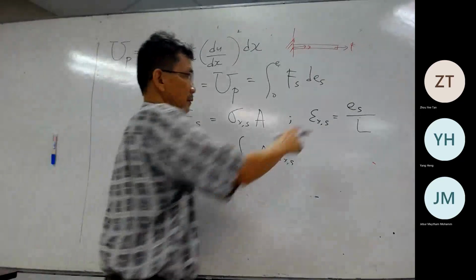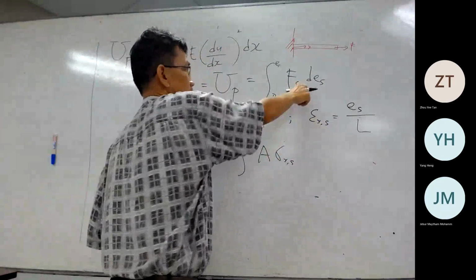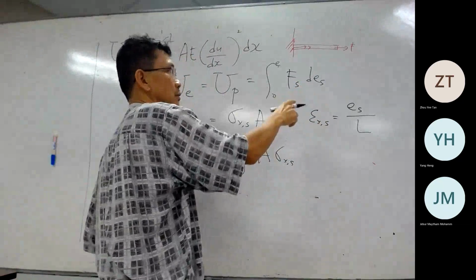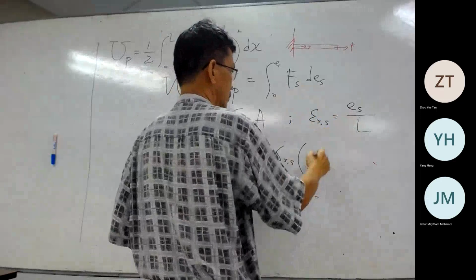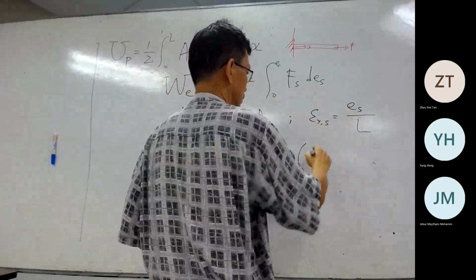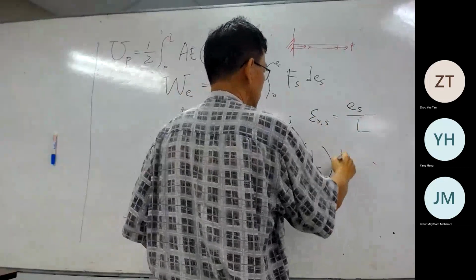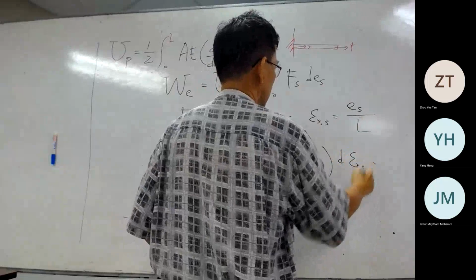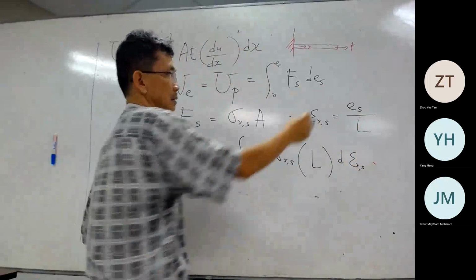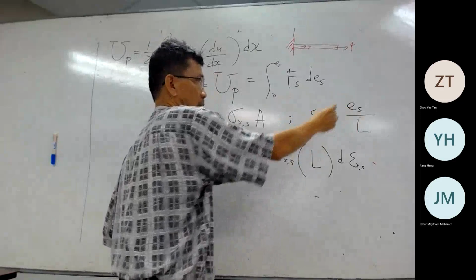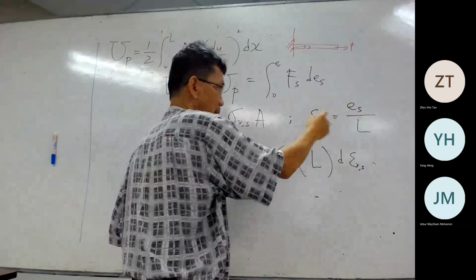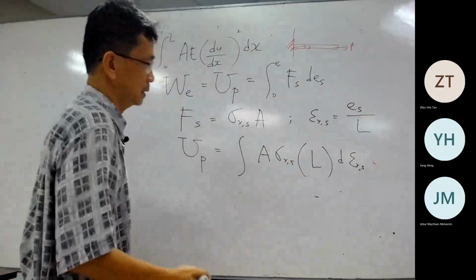Then from here, des is equal to, from the relationship Es equal to L epsilon xs, des is equal to L d epsilon xs.